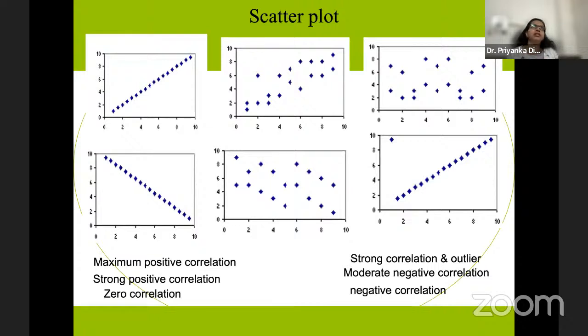There is a possibility that the two variables are related, but the relationship is not linear. Linear means a one unit increase in one variable brings a one unit increase in the other variable. If variables move like this, we can say they are linearly related. But every time it is not possible.